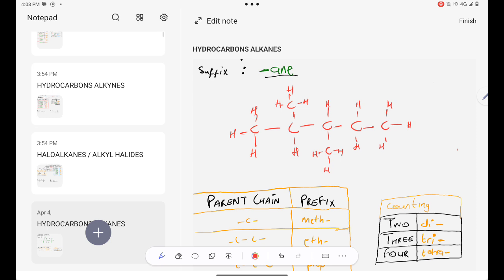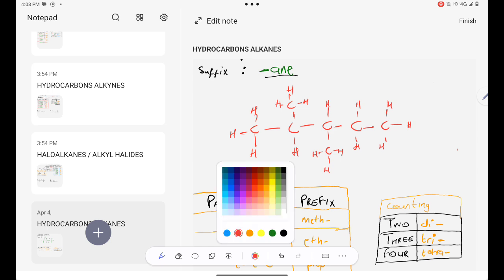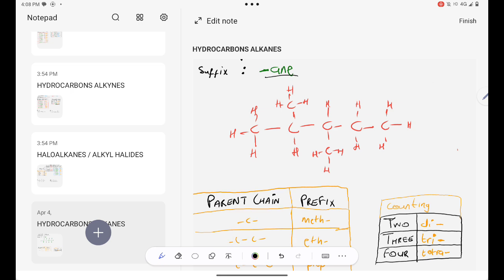The first thing I need to do is to know which one is my parent chain. My parent chain is the one that has the most number of carbons. So this would be my parent chain over there.